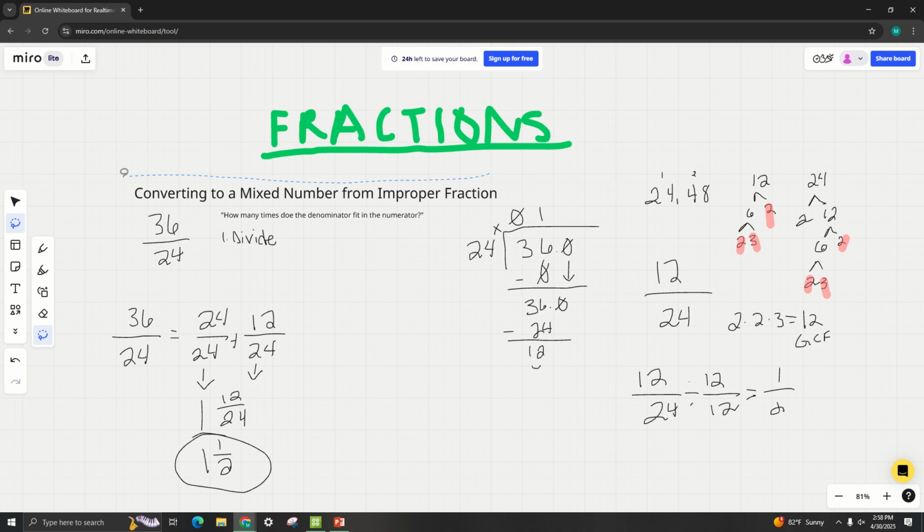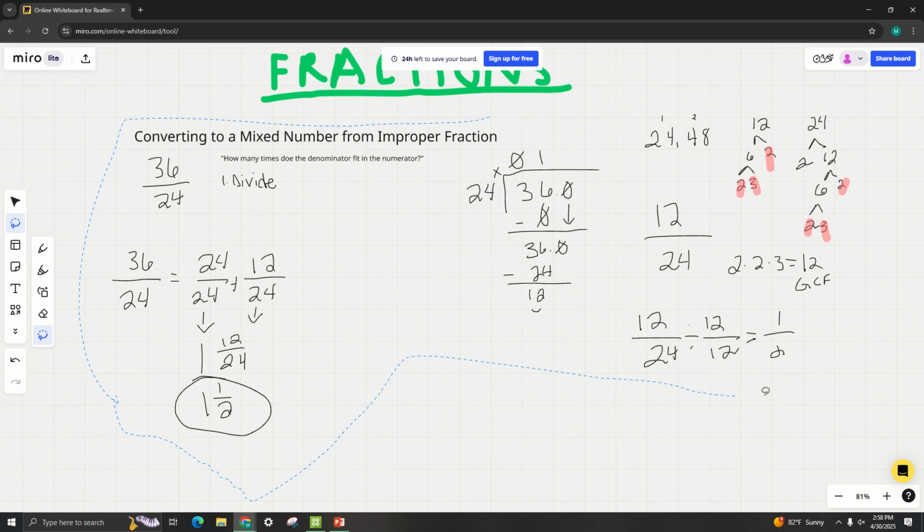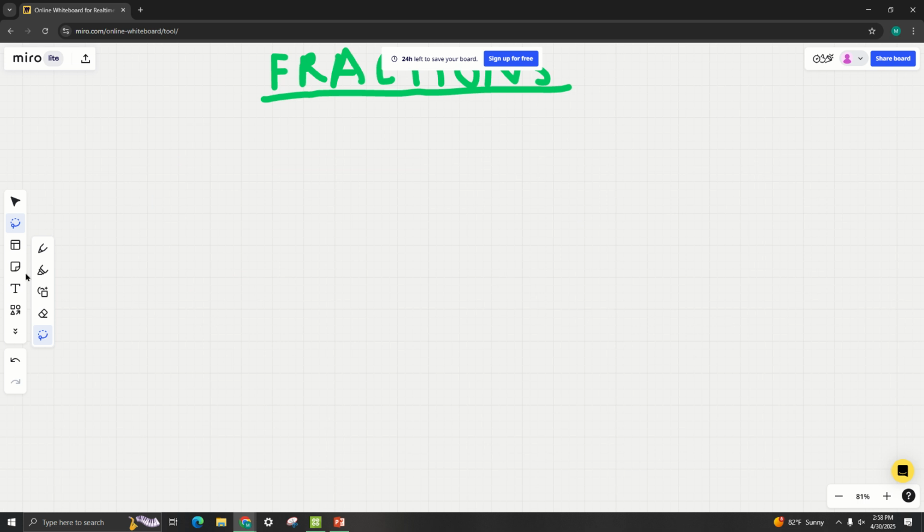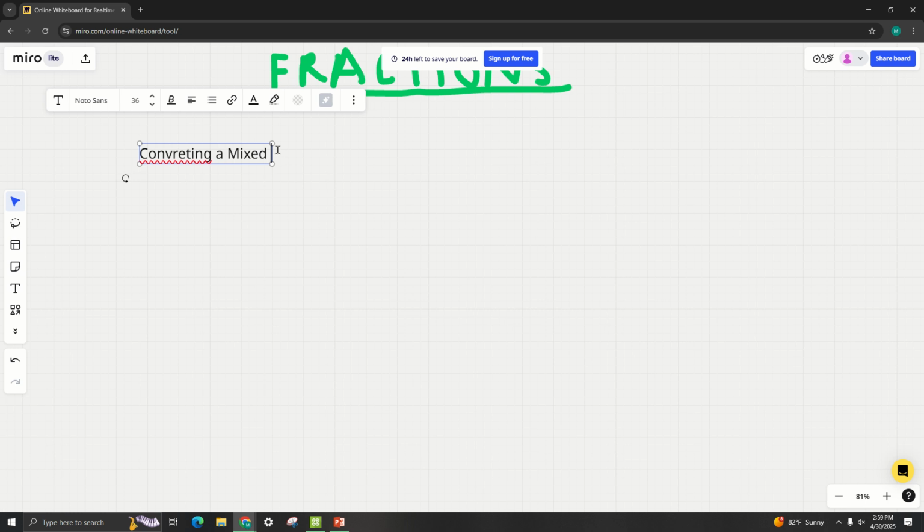Alright, let's go ahead and do converting a mixed number to an improper fraction. So just write that out, converting a mixed number to an improper fraction.